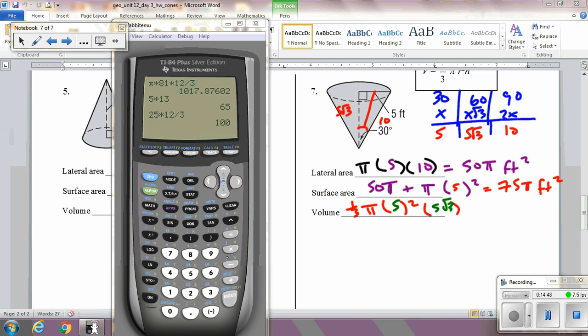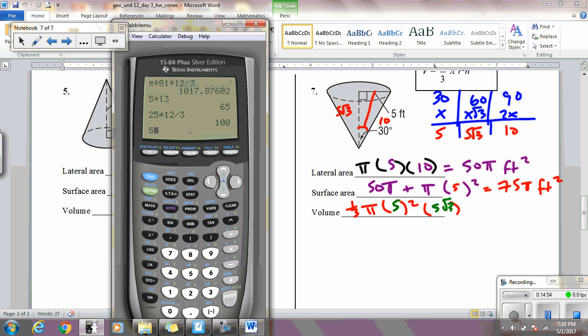So in the calculator, everything except for pi and my root. So that's 5 squared times 5 divided by 3, which is 41.7 to the tenths. But again, we're trying to keep things exact, so a fraction is okay. A fraction is actually better.